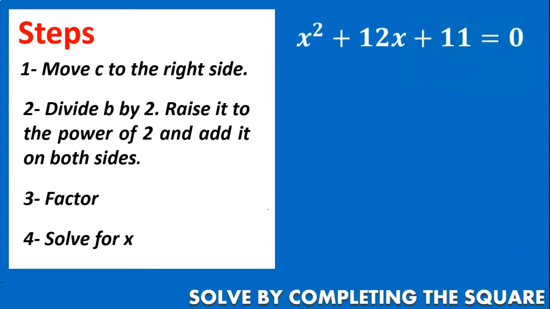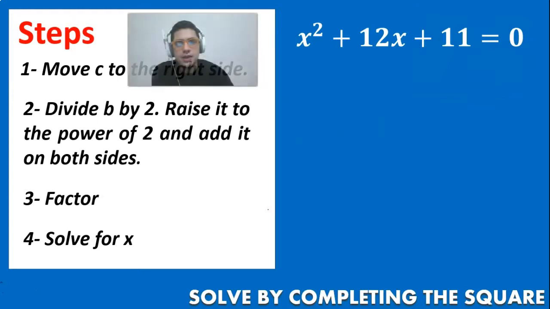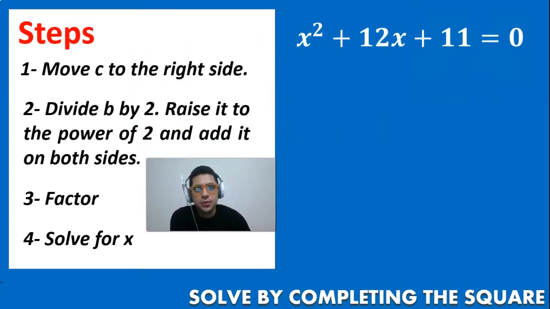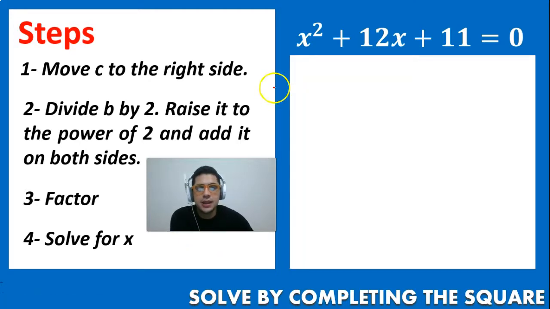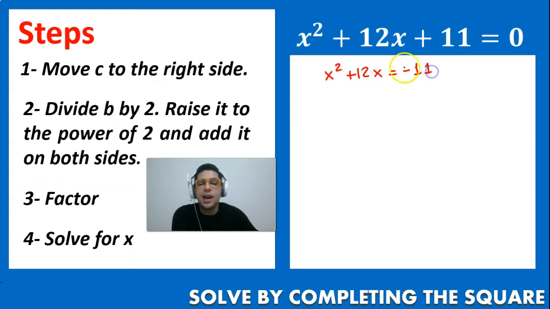So guys, this is basically the problem that we're going to be doing today. So as you guys remember, first of all, we're going to be, of course, moving the independent term to the right side. So it's going to be x squared plus 12x is equal to minus 11. After that, we are going to divide the second term by 2, and we're going to raise it to the power of 2. So we're going to do 12 divided by 2, and we raise it to the power of 2.